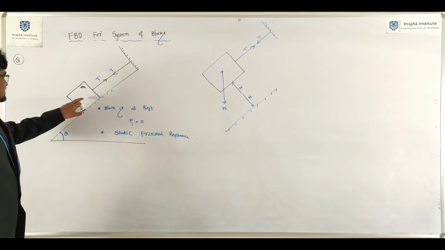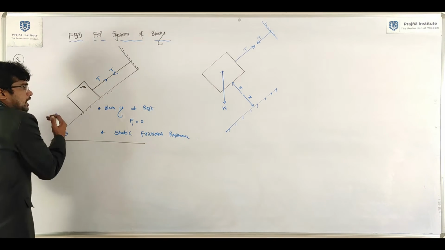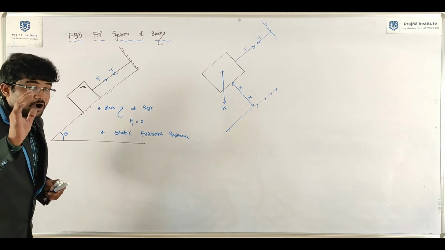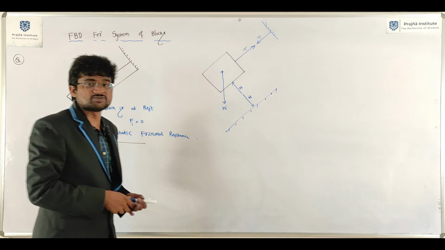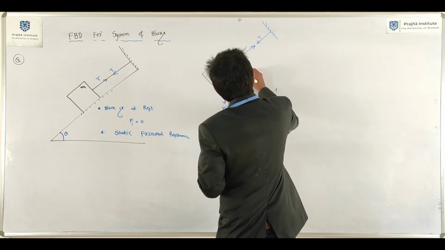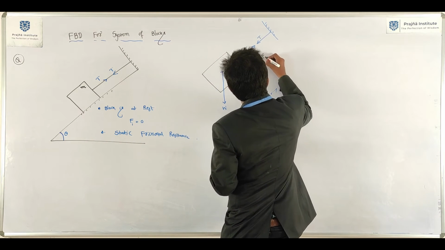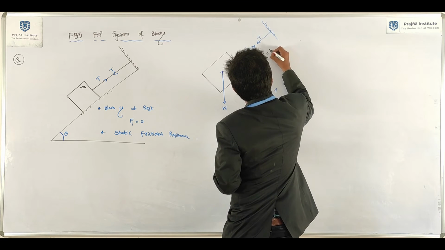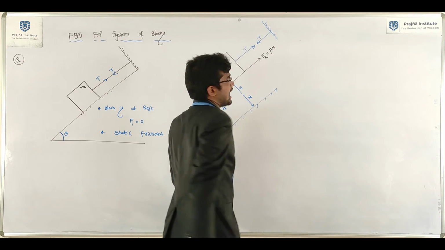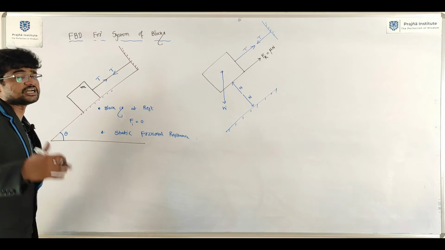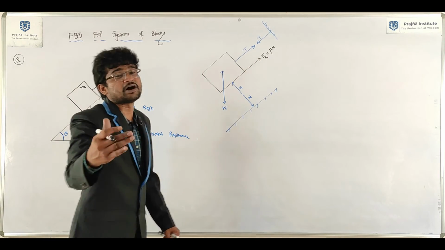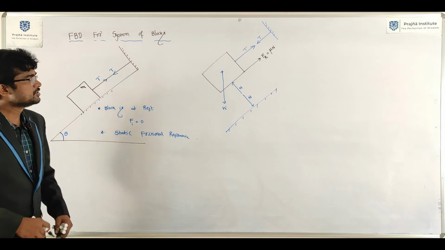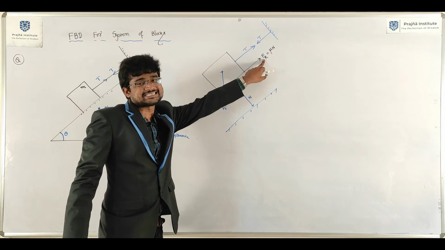Here the block tries to move in the downward direction, correct? That is why the frictional resistance will be acting opposite to that. Fr is equal to mu into N, and the inertia force equal to 0. Here mu is called the coefficient of static friction, static frictional resistance.